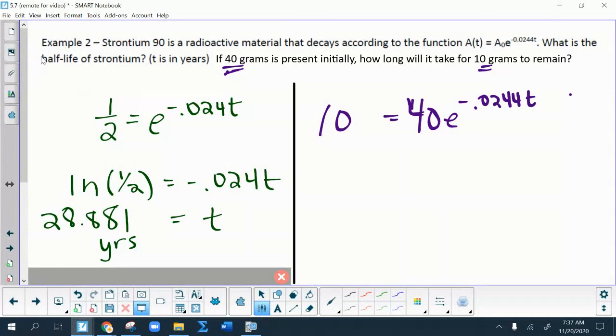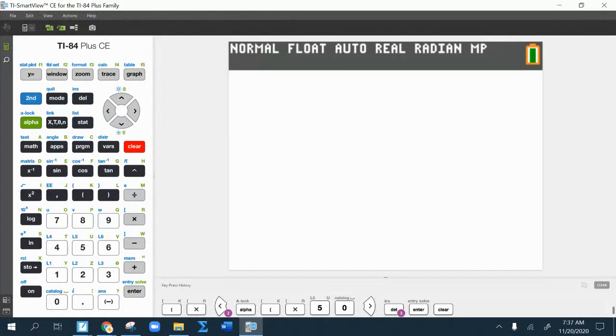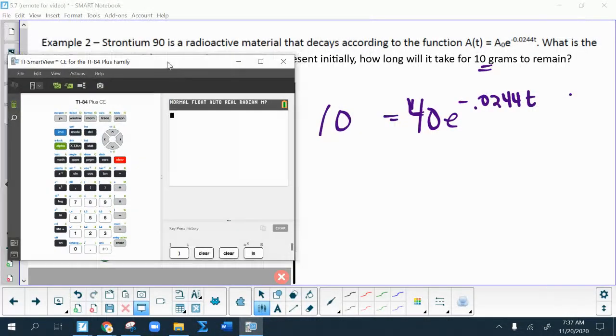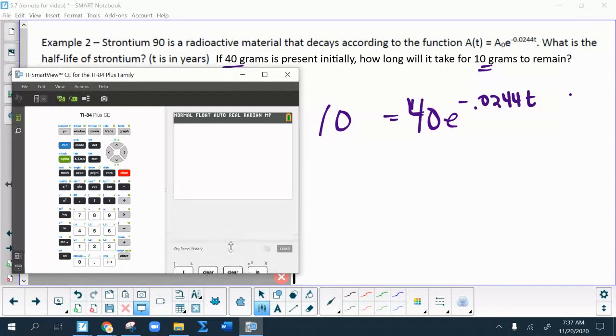I'll take out the calculator to remind you how to type everything in. I hope we'll be able to see it well when I put it on the screen. So I'm going to divide 10 by 40. 10 divided by 40.